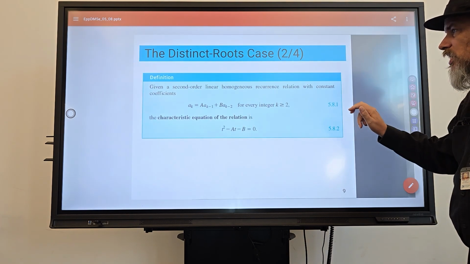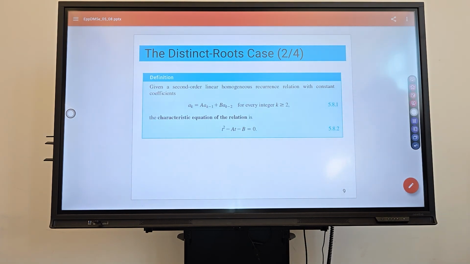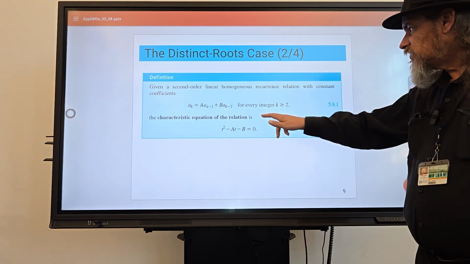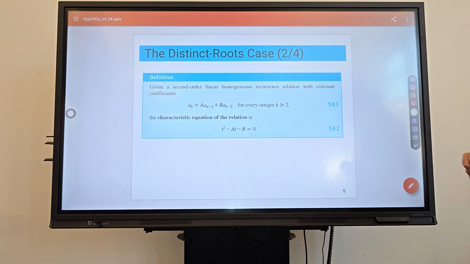So, given a second order linear homogeneous recurrence relation with constant coefficients, the characteristic equation of the relation is t squared minus at minus b equals 0 if k in the recurrence relation is greater than or equal to 2.